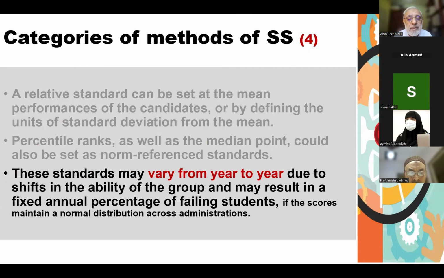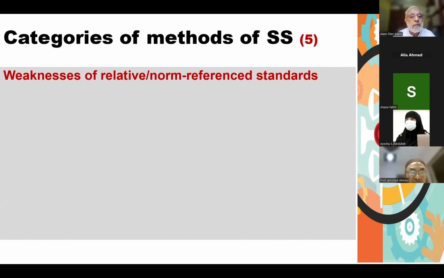These standards may vary from year to year, obviously, due to the shift in the ability of the group, and may result in a fixed annual percentage of failing students. This means that in this system there would always be failures.